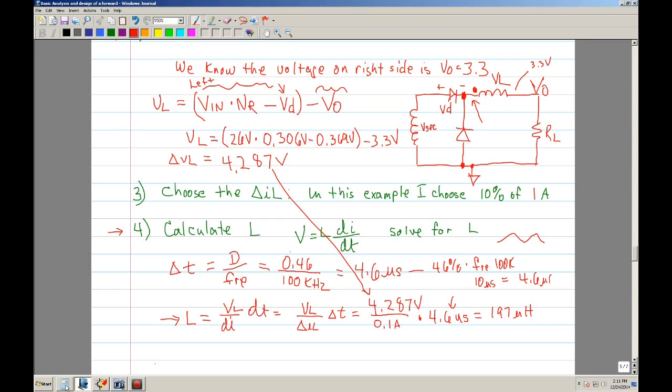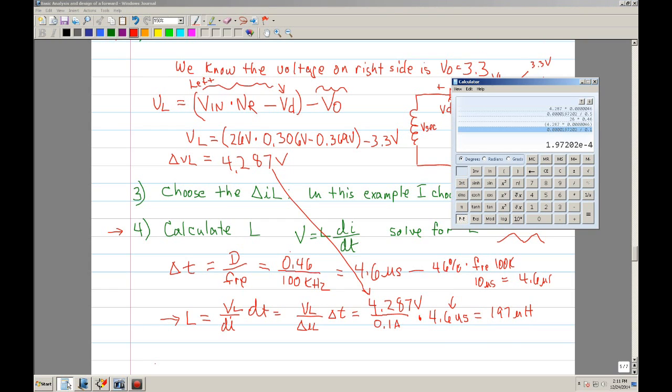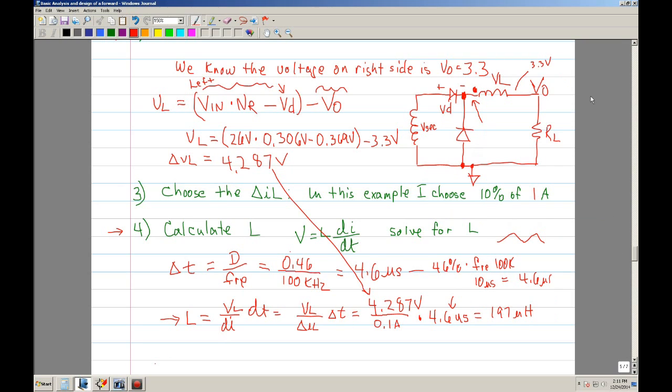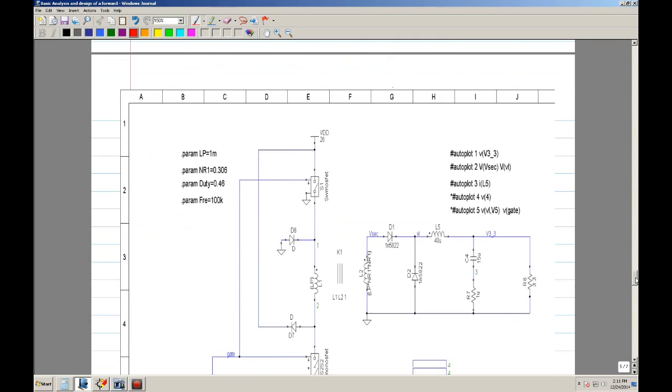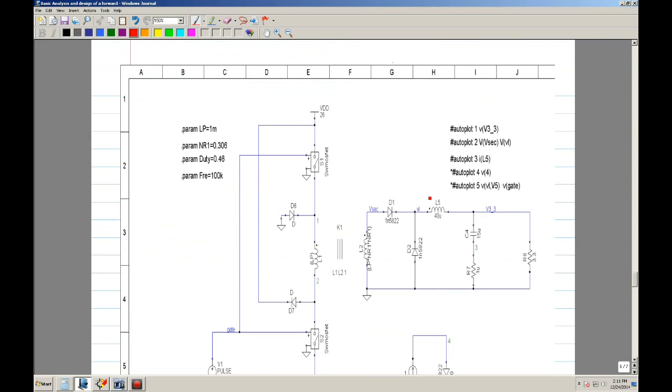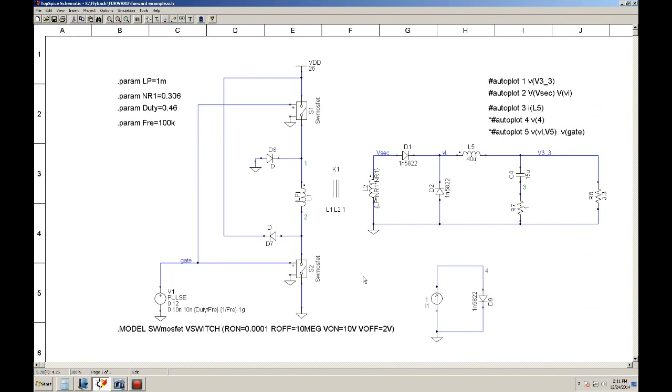Is that correct? Yes, 197 microhenries. So now we know what the inductor is. Now I make my SPICE model. I know that I have to change that to 196 microhenries. Now we can go ahead and go to the SPICE simulator.